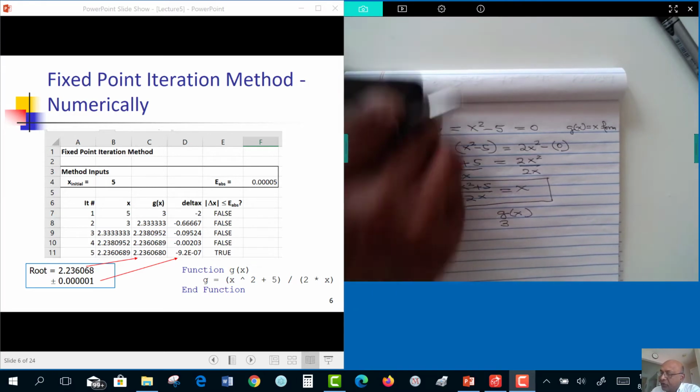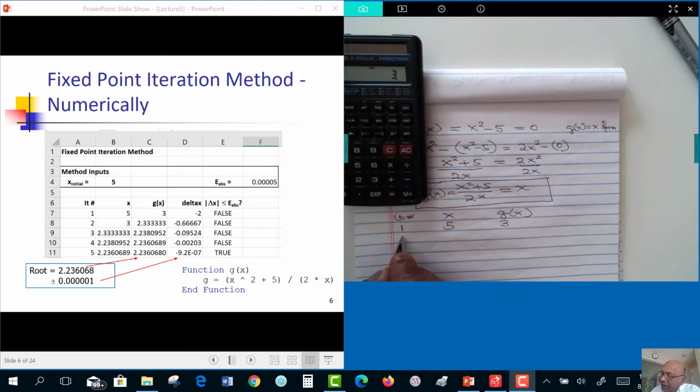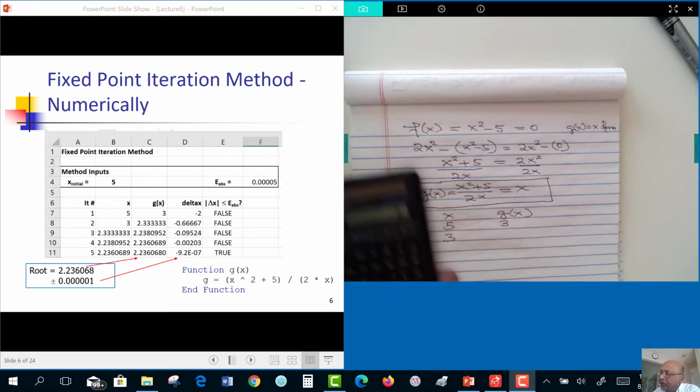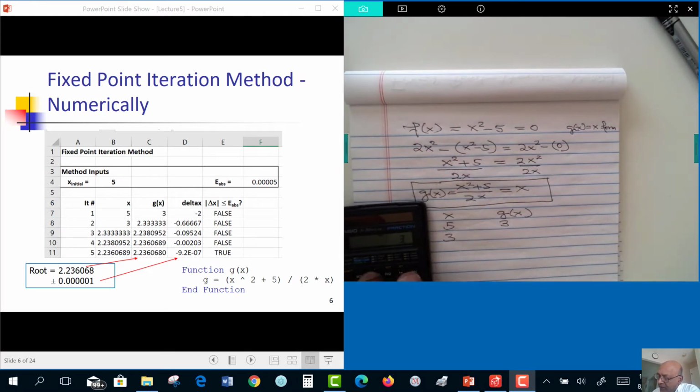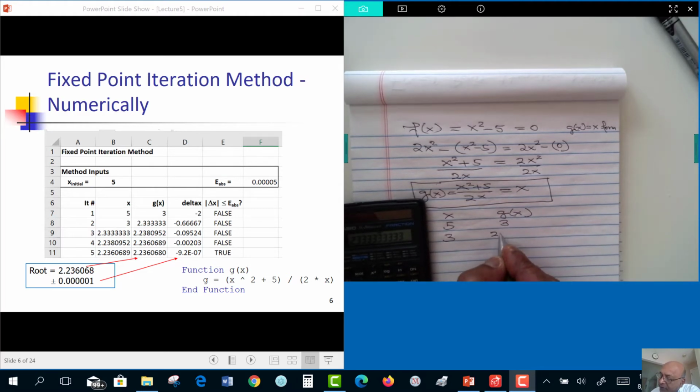So you might like to calculate along with me. Second iteration, this becomes our new guess. We compute, so now this time 3 squared plus 5 divided by 2 times 3, and we will get 2.333.